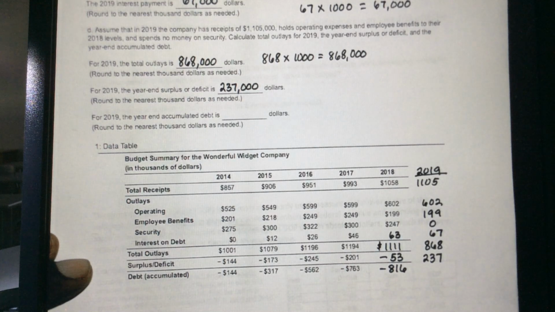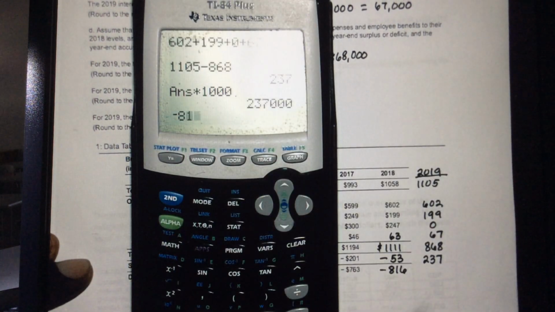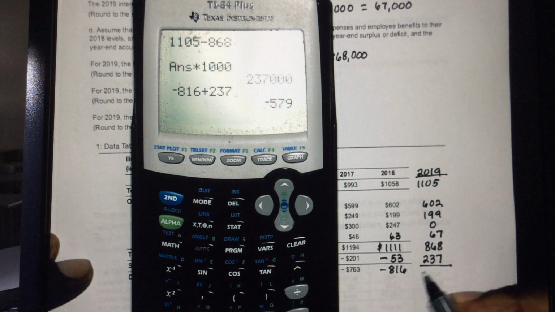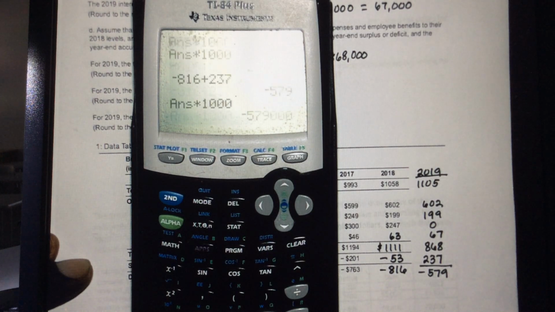And then for 2019, the year-end accumulated debt will be, well, let's take our surplus of 237, add negative 816, which is that accumulated debt at the end of 2018. So I'm going to do negative 816 plus 237. We're going to end up with a negative 579. Multiply that by 1,000 because they want it in dollars.